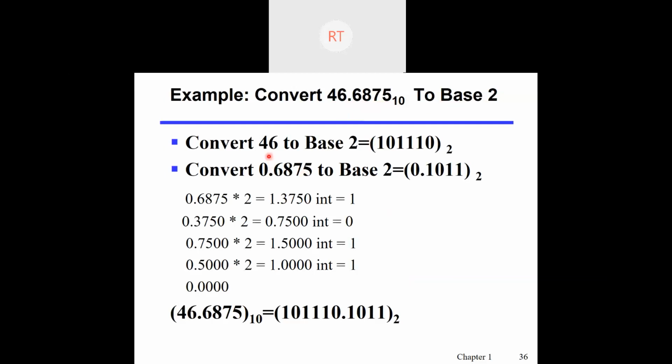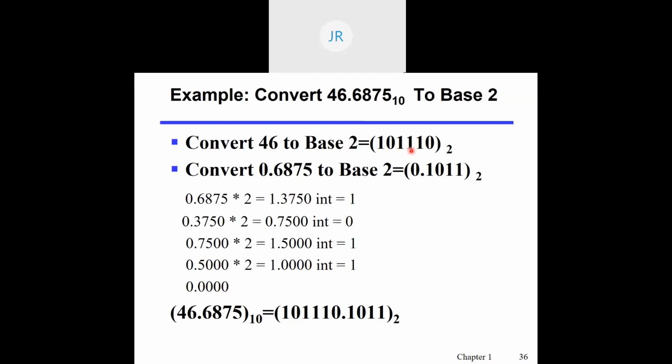So how would you convert 46 to base 2? There are two ways of doing it. Do you remember what the ways are, please? 46, how did it become 101110? We got the biggest multiple of 2 and removed it from 46.